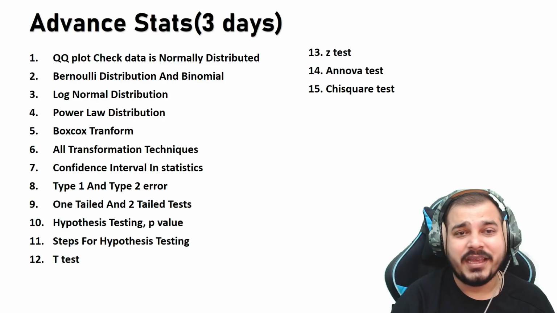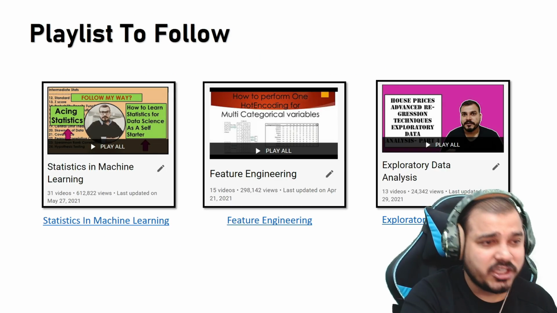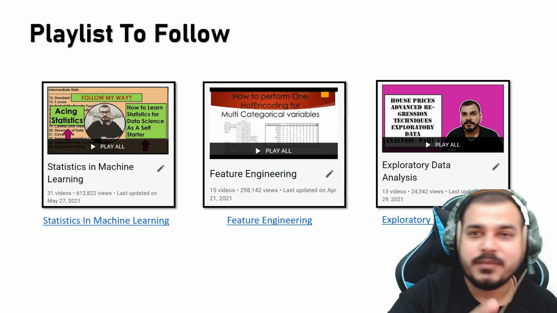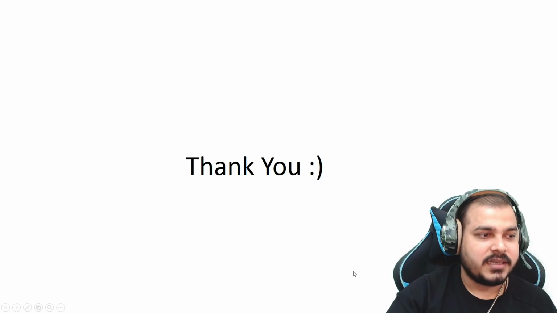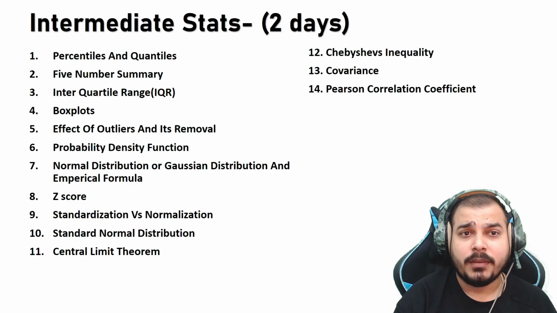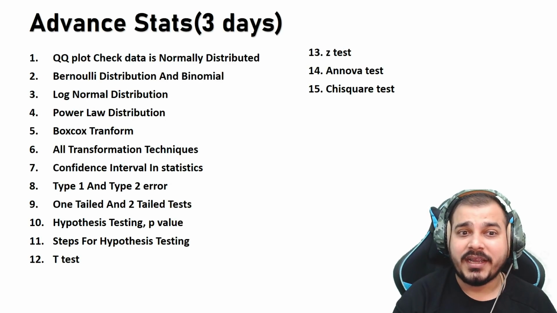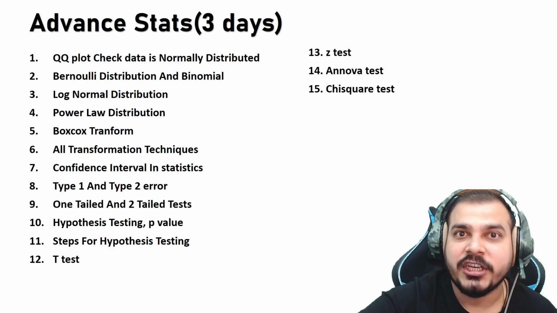And for everything, the playlists to follow are 3 playlists: statistics in machine learning, feature engineering, and exploratory data analysis, and everything is basically covered, guys, over here. Some of the topics, like z-test, ANOVA test, chi-square test, these test videos have been uploaded in the machine learning playlist.